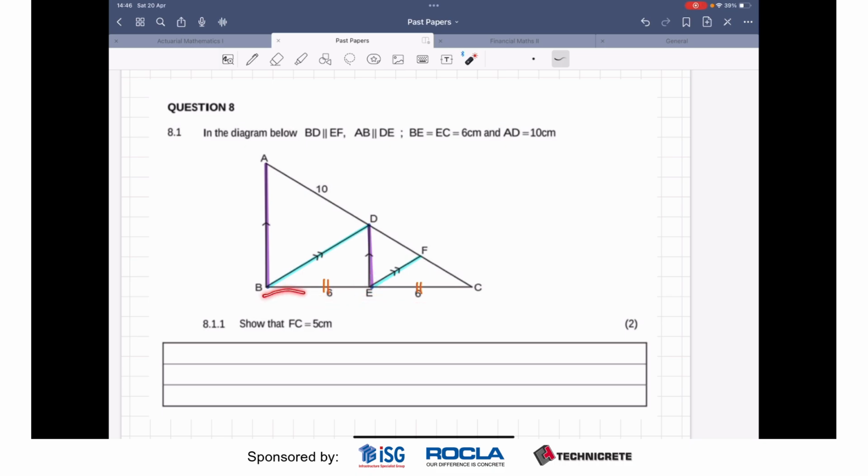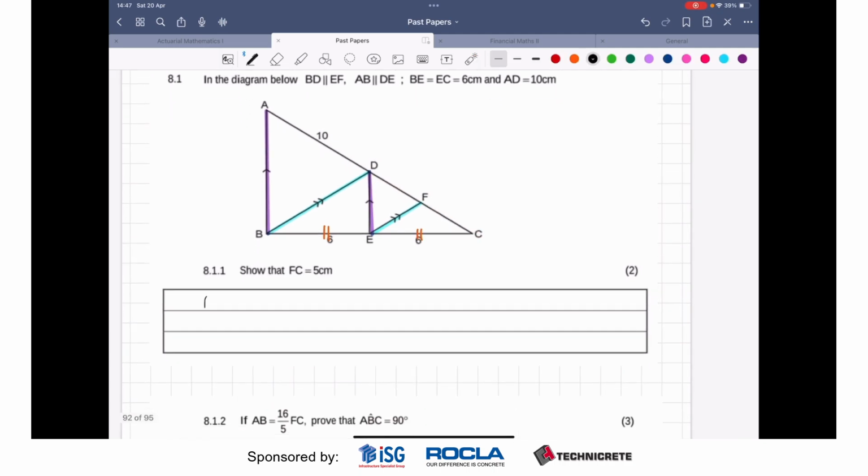So if E is the midpoint of one side of triangle ABC, and there is a line that joins that midpoint to another line of triangle ABC, which is parallel to the third line of triangle ABC, then by the midpoint formula, D must be the midpoint of this side of triangle ABC, which means that DC would be equal to 10.